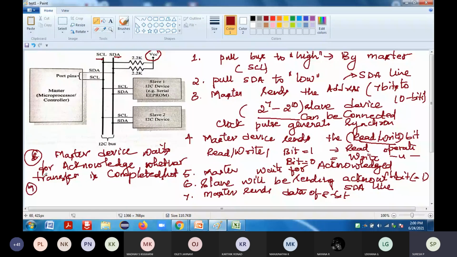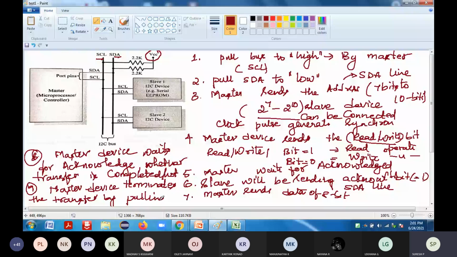Next, the master device terminates the transfer by pulling the SDA line high again. After that, I have to terminate the connection. Who has to initiate it? Again, the master device terminates the transfer of data by pulling the SDA line high.